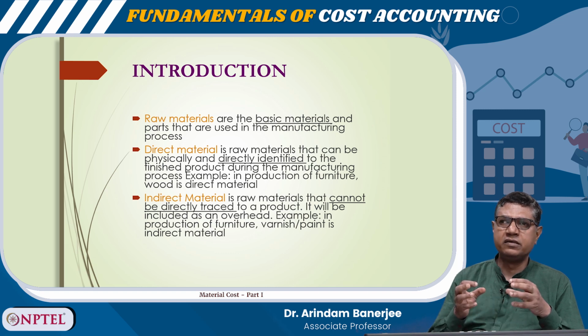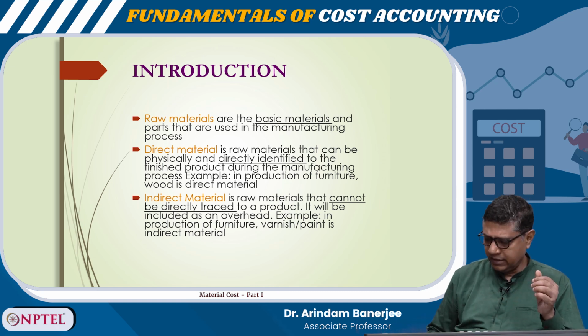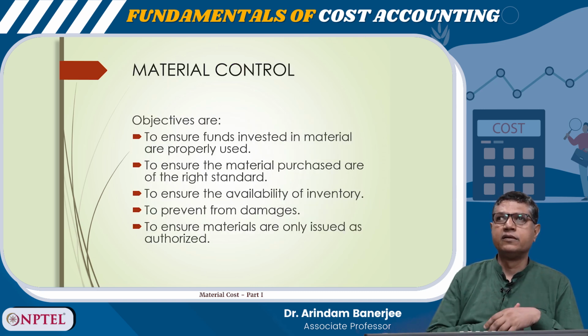We can't directly attribute the cost of lubricant which is used for running, say, wood cutting machines, to a particular furniture. So, that kind of cost or expenditure, we can say it is an indirect material. Okay. So, these are the basic types of raw material.